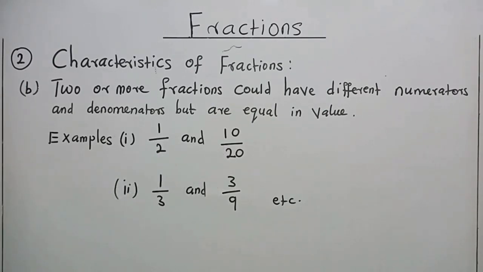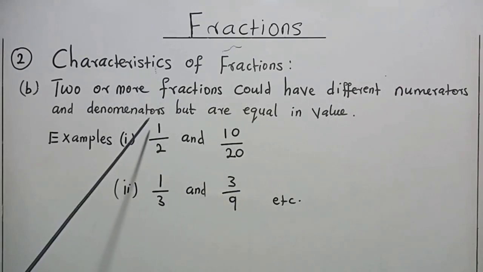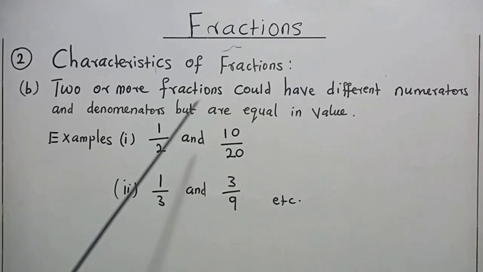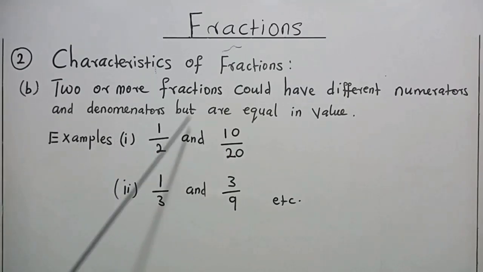You will find out that 1/3 and 3/9 have equal value. If their weight is the value you want to use, check their weights. You will see that they are just the same. Therefore, two fractions have different numerators, in this case 1 and 10, and different denominators, in this case 2 and 20, and yet are equal in value. Many other pairs of fractions behave this way. We shall see them in the course of time.